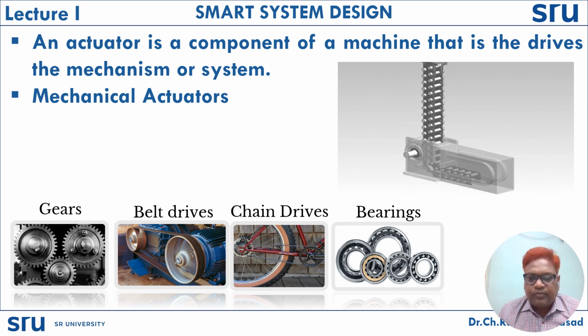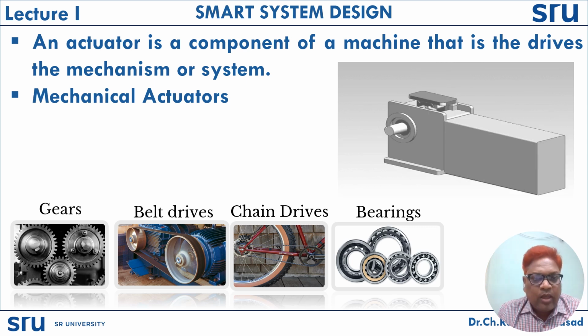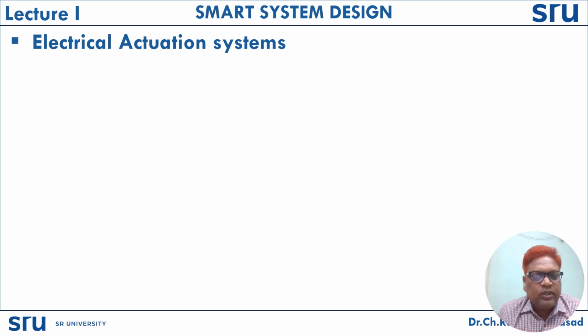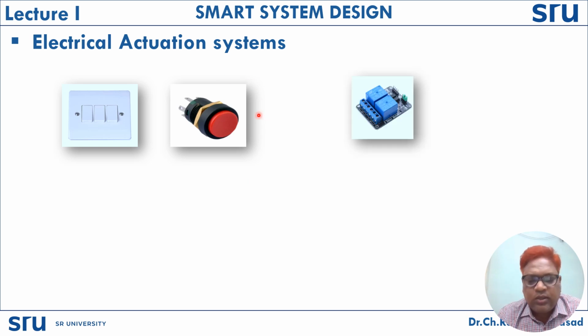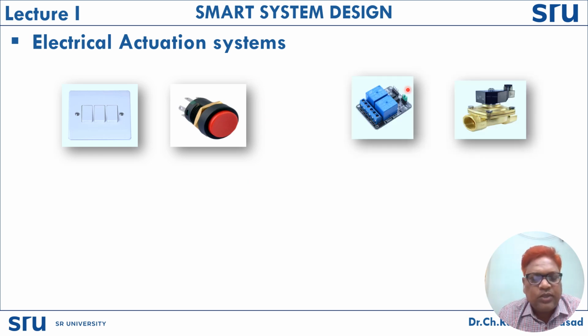Now let us see the electrical actuation systems. We come across so many electrical actuation systems. In our daily life, we are seeing switches. These are normal switches, and this is a push button switch. Some electrically actuated systems are switches, relays, and solenoids.